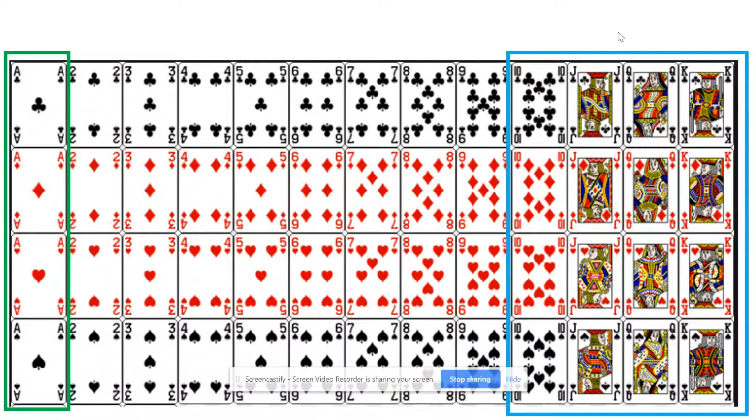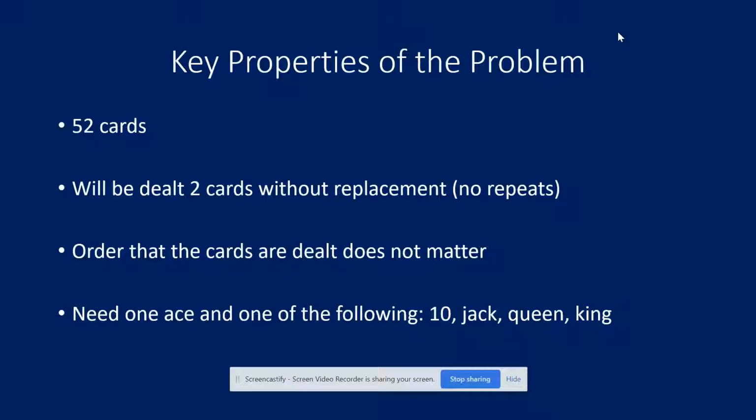All right, so let's assess the key properties of the situation and think about how we could translate that into a randomization simulation problem. There's clearly 52 cards, and if they're shuffled well, they will all be equally likely to occur.